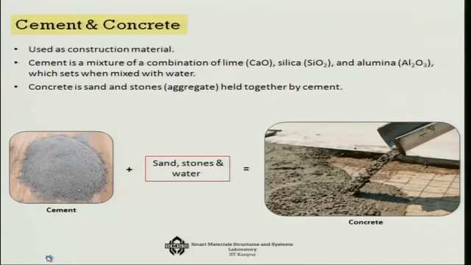The other vast examples of ceramics are the cement and concretes, which are used as construction material. Cement is basically a combination of lime and silica and alumina, and it sets when it is mixed with water. Concrete is a mixture of sand and stones, which are like aggregates held together by the cement.